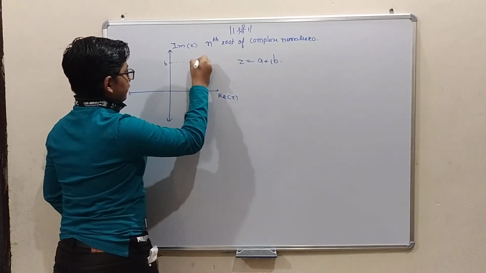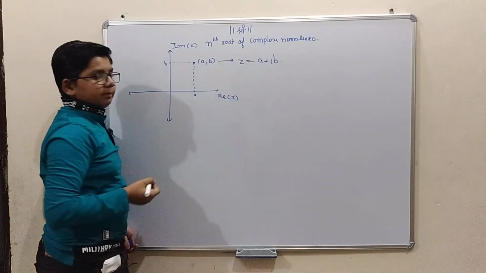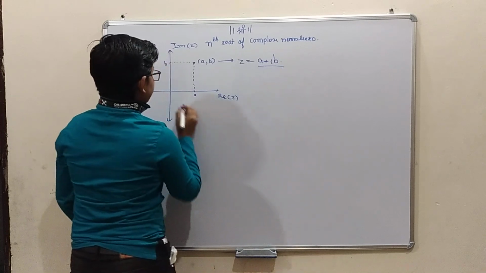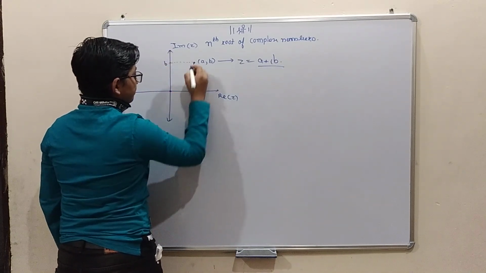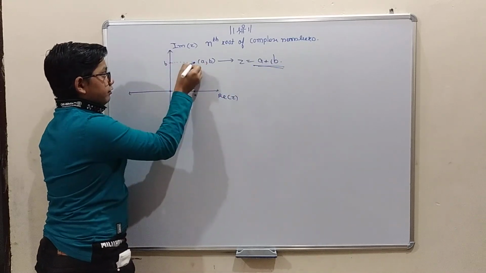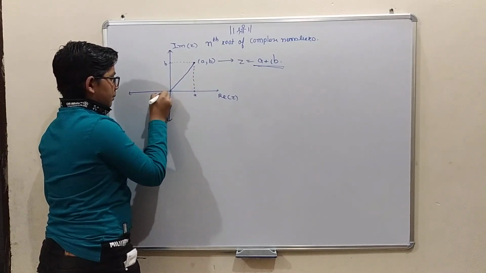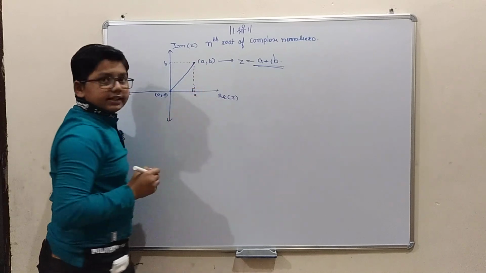So I will get this point, which is (a, b), which represents this complex number, that is a plus ib. So what is mod of a plus ib? It will be the shortest distance between the origin and this point, which represents this complex number. So if I join this point to the origin, that is (0, 0), a right angle triangle gets formed.